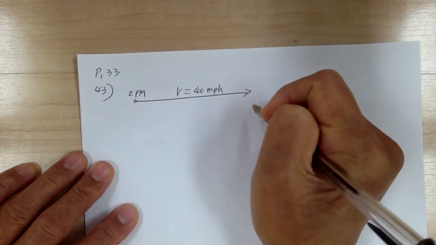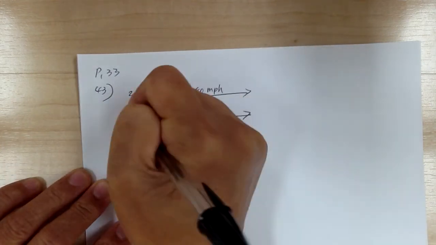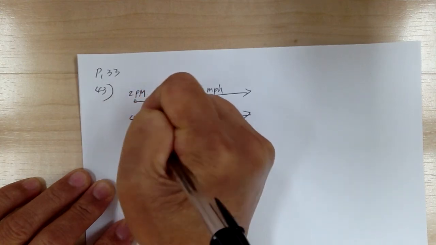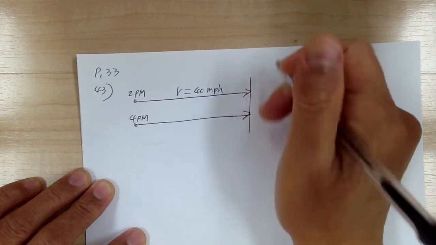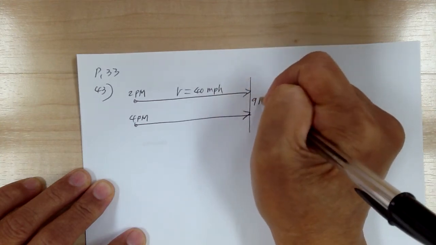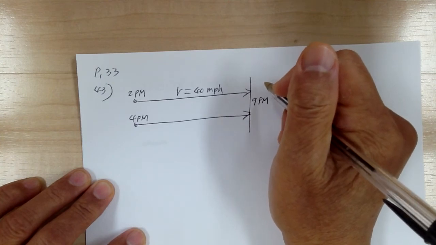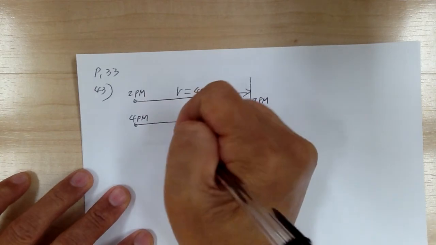I can write down all the information. A second car left at 4 p.m. and traveled the same route and overtook the car at 9 p.m. What was the average speed of the second car?